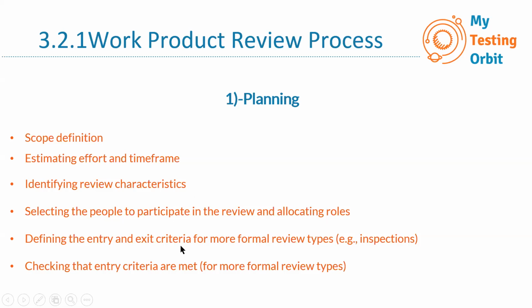Defining the entry and exit criteria for more formal review types, for example, inspections. We will cover this in more review types as well. But entry and exit criteria, I hope that you are familiar with these concepts. Entry criteria for anything is what are the prereqs to enter that specific work product.